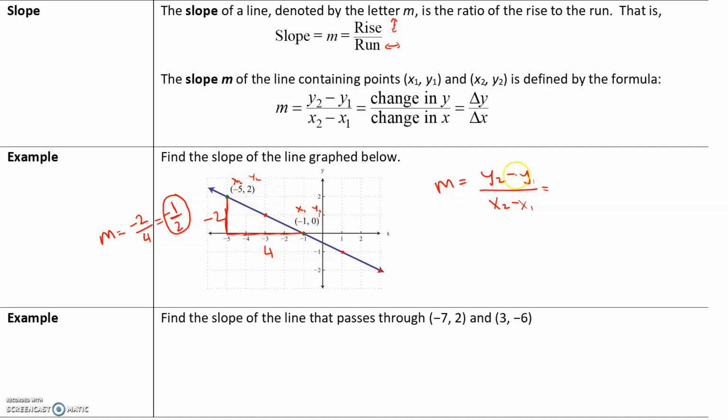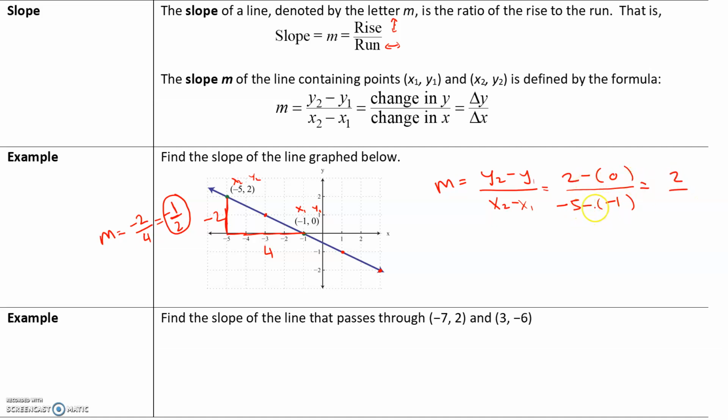So y2 is 2. So we have 2 minus y1, which is 0, divided by x2, which is negative 5, minus x1, which is negative 1. I always put the second point in parentheses, and the reason for that is because sometimes we get this double negative, and the parentheses will help us with that. So 2 minus 0 is 2.